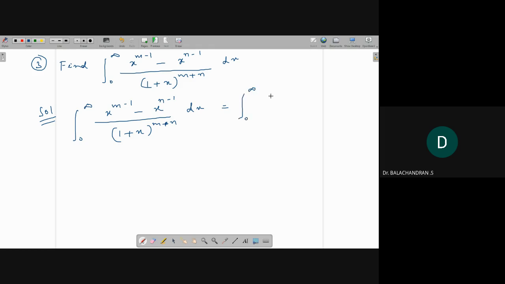Yes, splitting. 0 to infinity x power m minus 1 by 1 plus x whole power m plus n dx, minus 0 to infinity x power n minus 1 by 1 plus x whole power m plus n dx. So what is the next step?